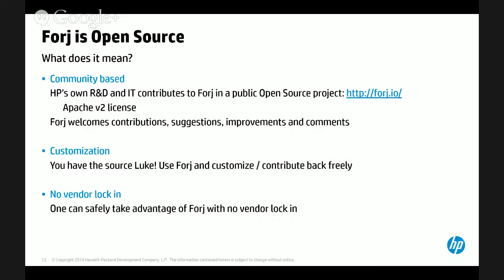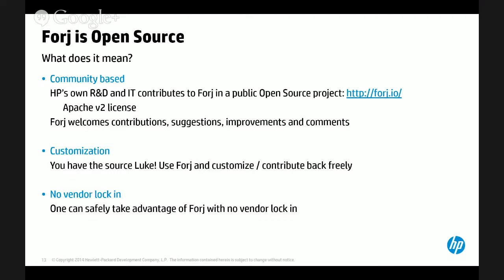If you actually have defects that you found, or if you want to make some enhancement requests, then we have a work items repository. We leverage GitHub for that. So all of the details are on Forj.io, but the community is trying to really have something that is really open.